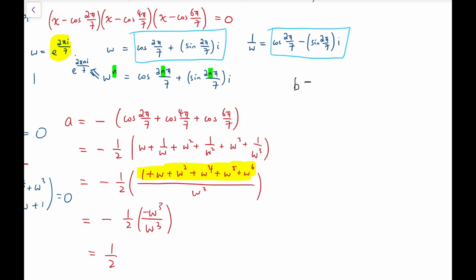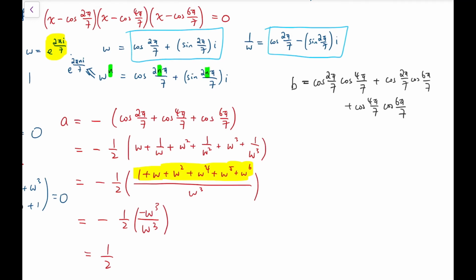Now for B, I call this the pairwise product, as in we pick two of the terms available and then multiply. So then we'll have 3 combinations and we add them up together. So again, I'm going to rewrite them in terms of omega.